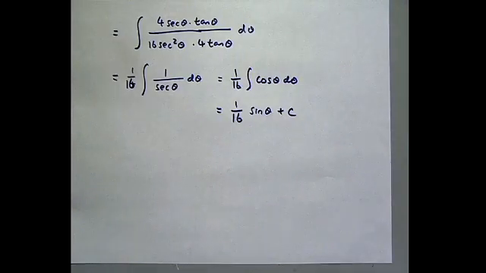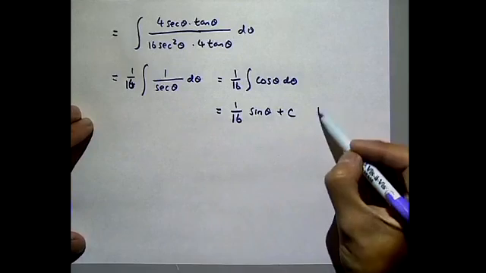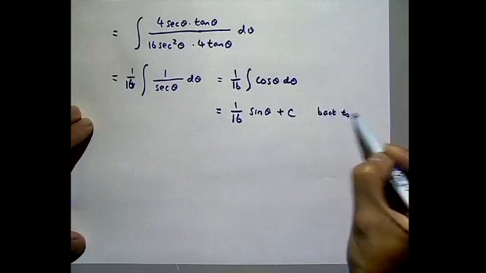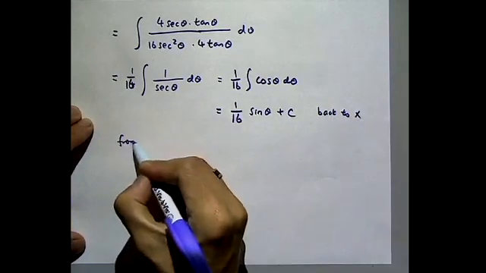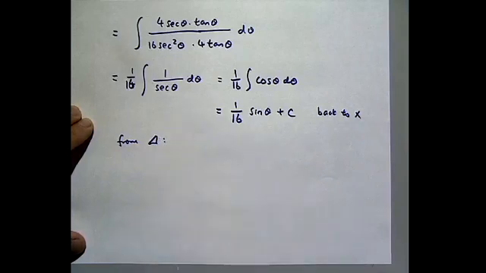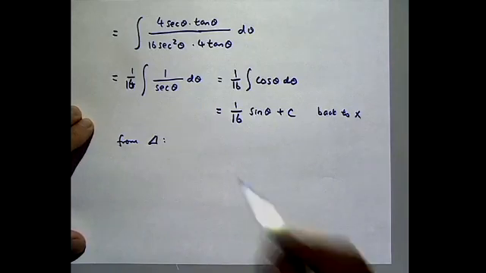Are we done? No, what's left? Right, back to x. From the triangle, my sine of theta is the opposite over hypotenuse.